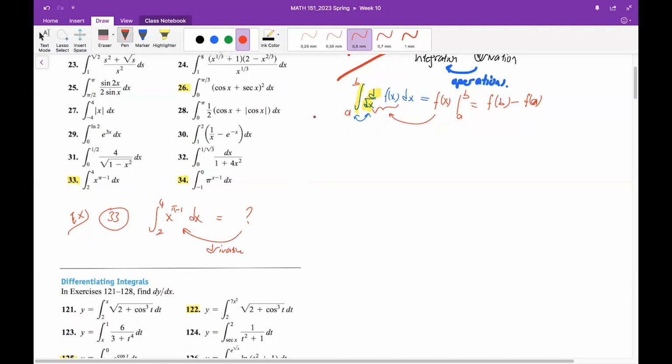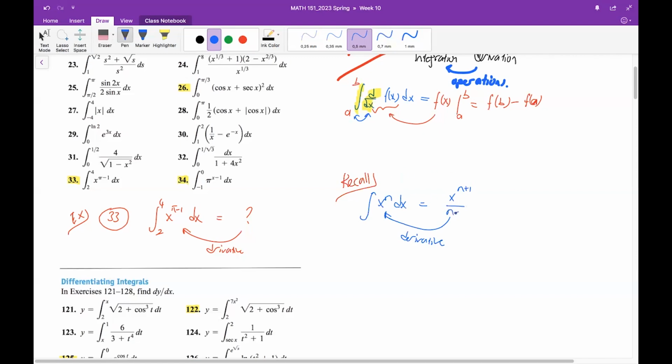So do you remember the antiderivatives that we covered last week? So x to the power n, I can write it as an integration rule. Now we talked about this rule last week as antiderivatives, but now I will put this integration notation. So tell me a function whose derivative is x to the power n, the power function. Of course, you need to add 1 to the power because while taking the derivative, the power is decreased by 1.